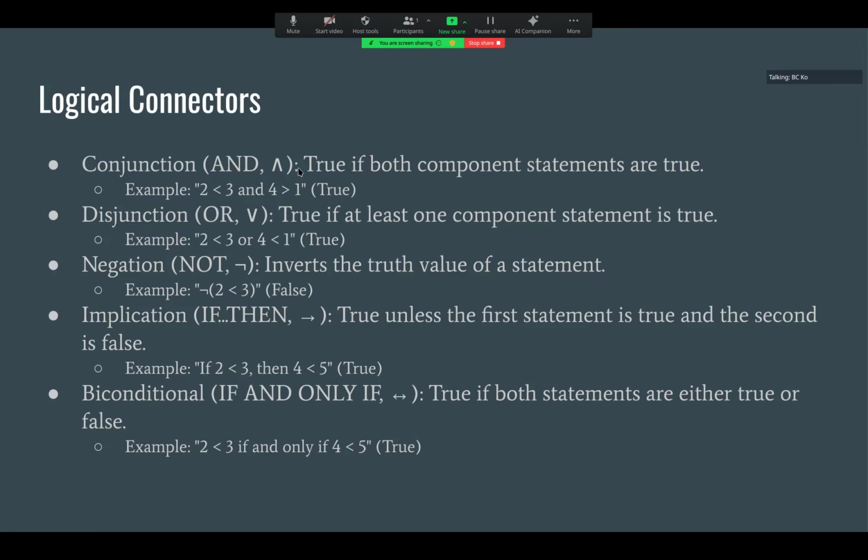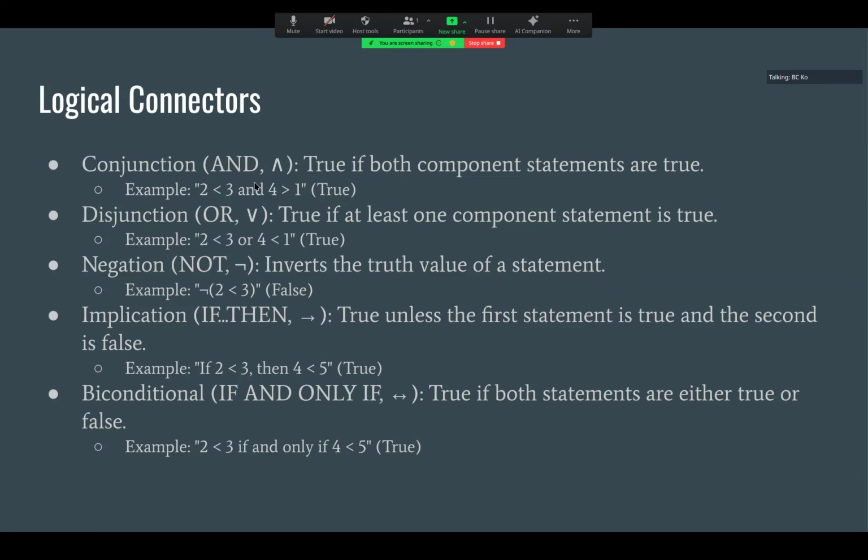So for example, 2 is less than 3 and 4 is greater than 1 is true because both 2 is less than 3 and 4 is greater than 1 are true.